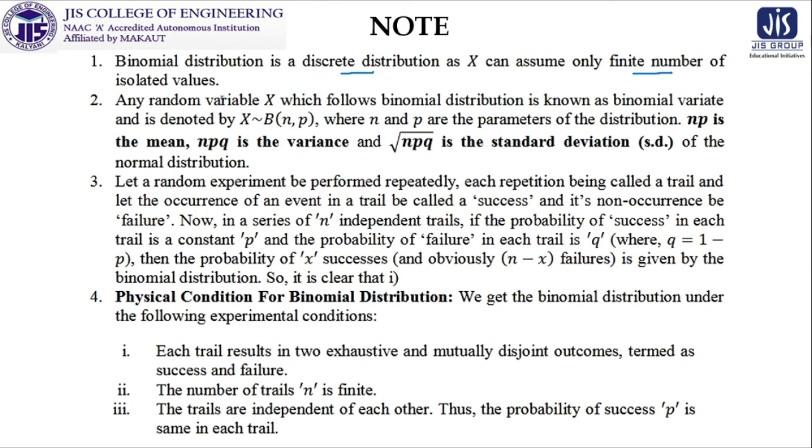Next, a random variable X which follows the binomial distribution is sometimes termed a binomial variate and denoted as B(n, p), where n and p are the parameters of the distribution. np is the mean, npq is the variance. npq means np into 1 minus p, and the standard deviation will be the square root of this, so root over npq is the standard deviation of the binomial distribution.